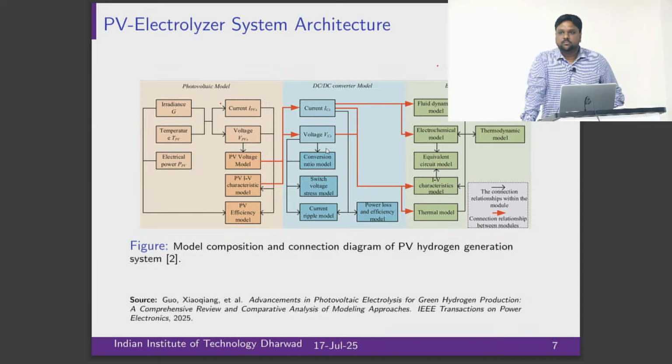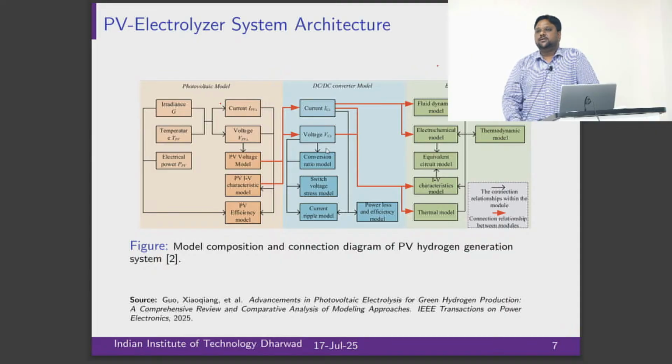Then again, when I say solar, whether it is kilowatt level or megawatt level, it is not a single solar PV panel. You will have so many PV panels. Like we discussed, for the electrolyzer, it is not a single cell that can give you the required amount of power. A single cell, if you see the VI characteristics, has a very low cell voltage in the range of 1.9 to 2.2 volt. But you have to make a series connection to make it a high voltage and high current device.